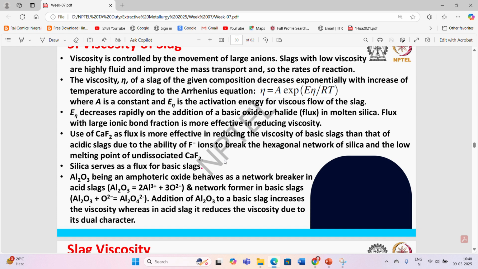So these flux materials break that bond formation by reacting with them and form the less viscous slag during the smelting process.